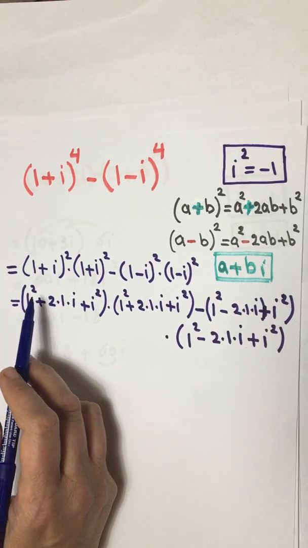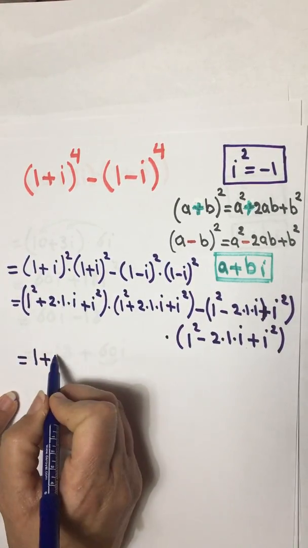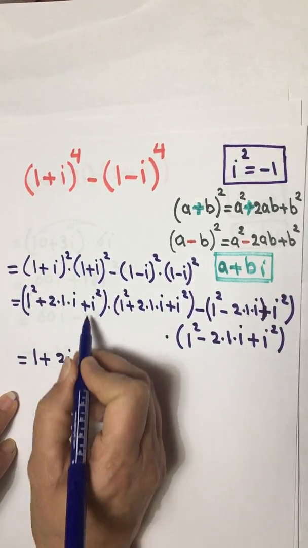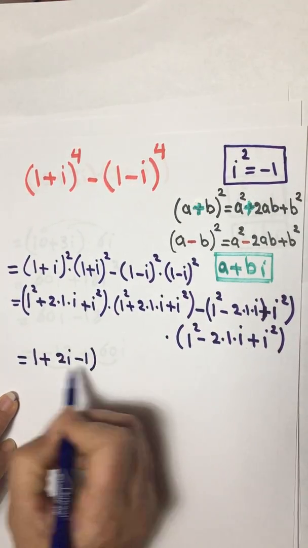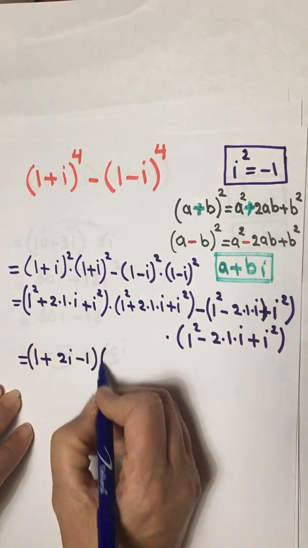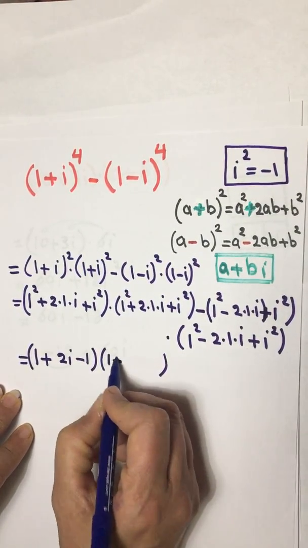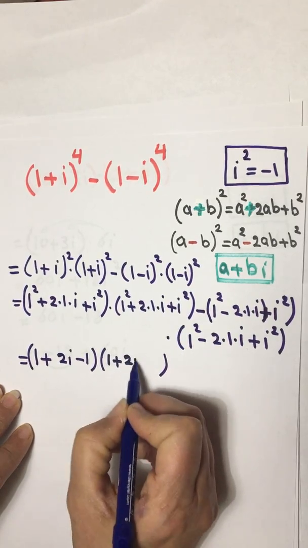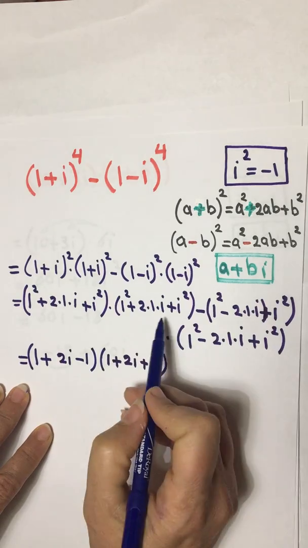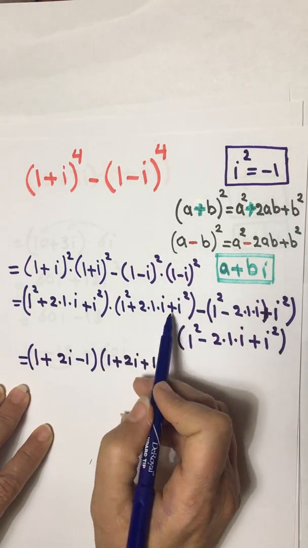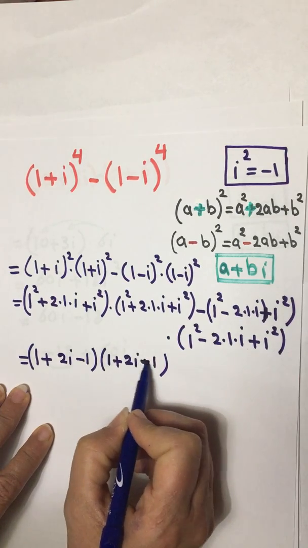Equals 1 squared, 1, plus 2 times 1 times I, 2I. I squared equals negative 1, so this is going to be minus 1. This one: 1 squared is 1 plus 2I plus I squared, which is negative 1.